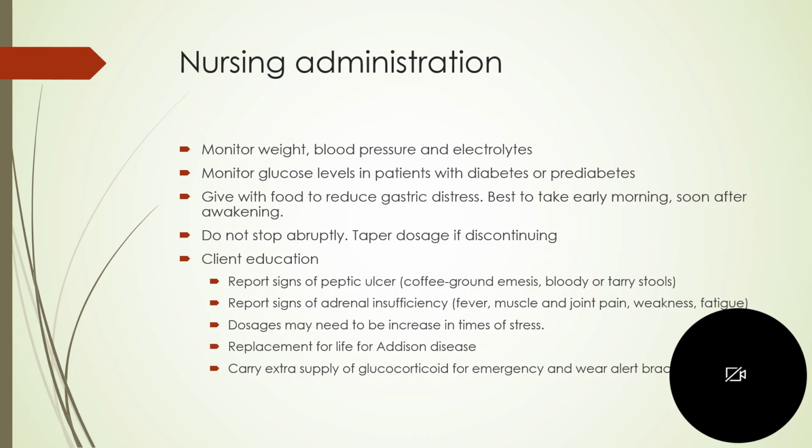Not stopping it abruptly, we're tapering that dose. And then telling my patient to report if they have signs of a peptic ulcer, if they report like black tarry stools, adrenal insufficiency, so if they say they have fever, muscle joint pain, weakness, fatigue.